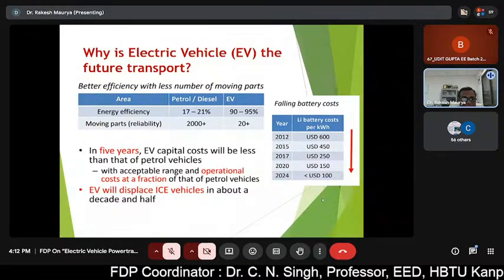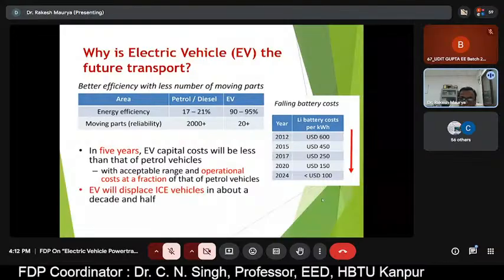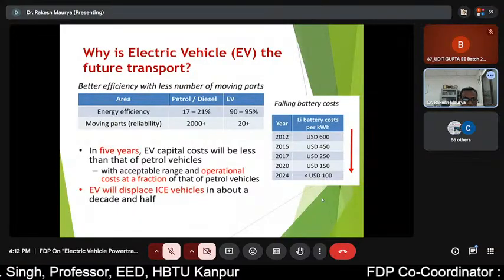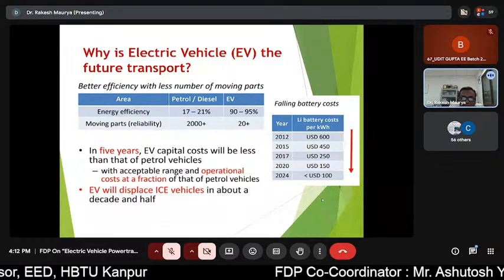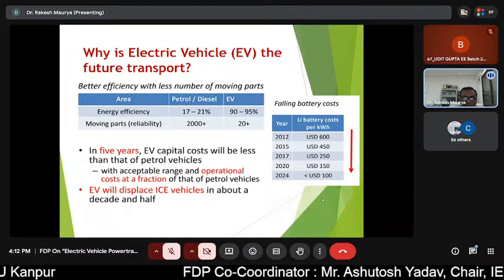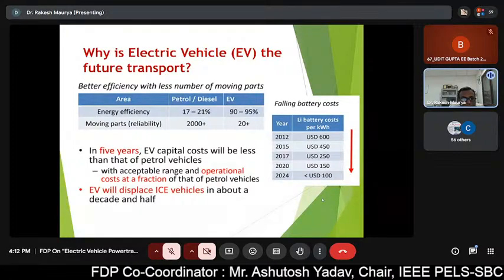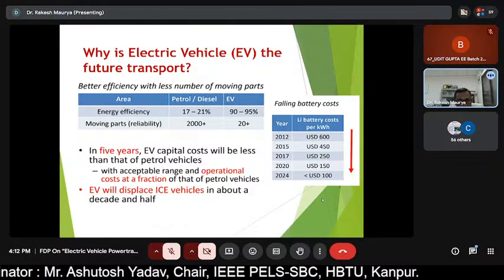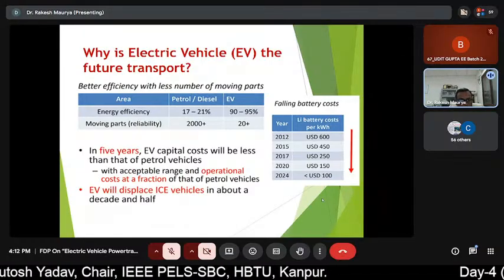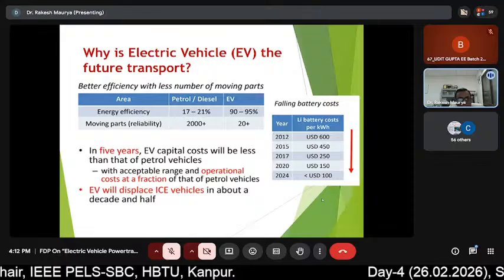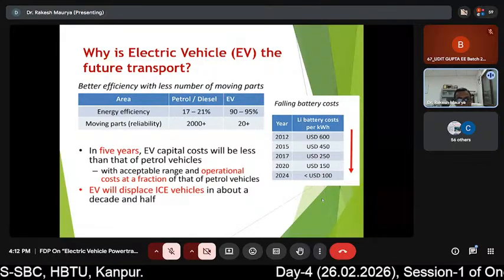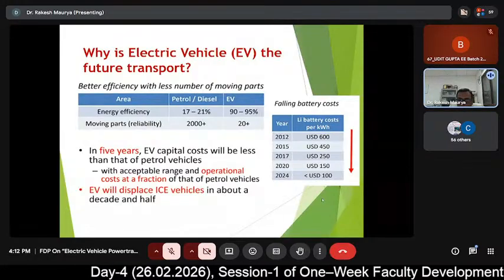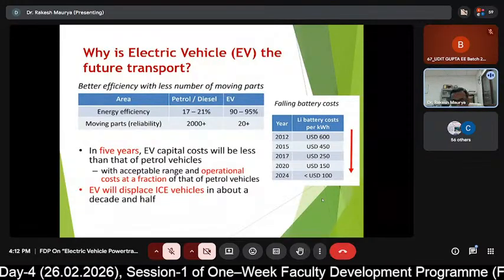And if you design an electric vehicle with gearless transmission of power from the motor or battery to the wheel, the efficiency significantly increases compared to the petrol engine or IC engine based vehicle. So technology wise, the electric vehicle is much more mature, much more efficient, as compared to the IC engine based vehicle.